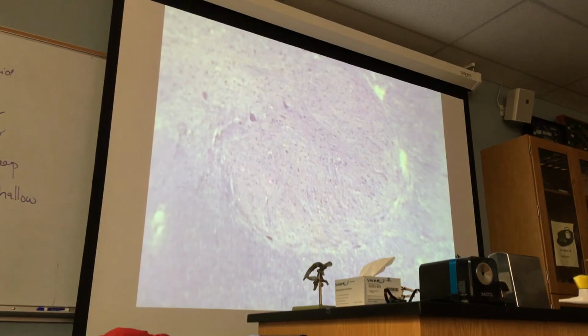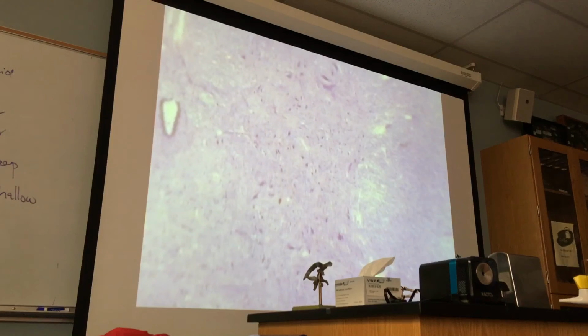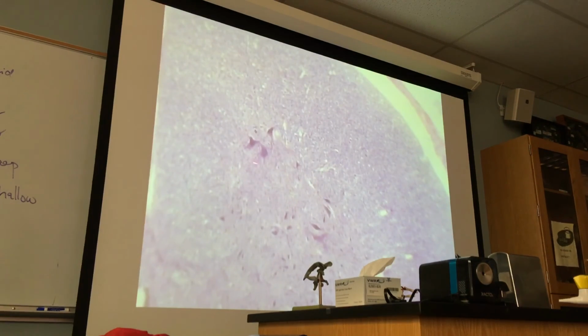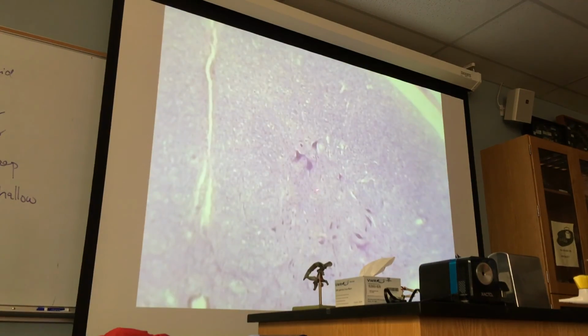This is the dorsal gray horn, or dorsal horn of gray matter. This is a lateral gray horn, and this is the anterior gray horn.